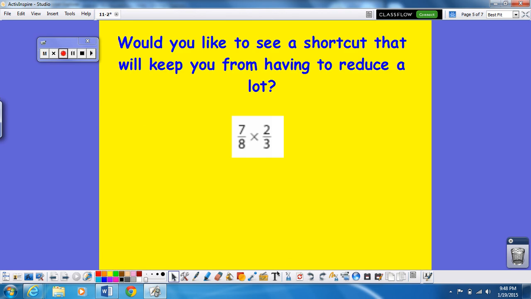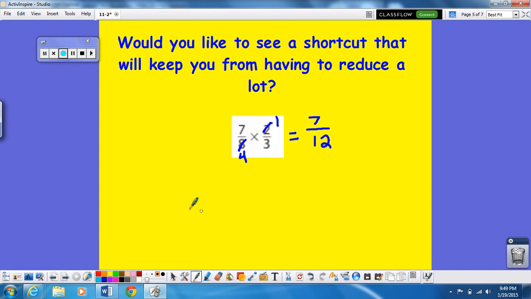Here's the shortcut that I was telling you about. I couldn't wait to tell you until this slide because I think it's really helpful. When I look at 7 and 3, there's nothing they have in common. But when I look at 2 and 8, they have 2 in common. Let's divide them both by 2. 2 divided by 2 is 1, 8 divided by 2 is 4. Now let's work it. 7 times 1 is 7, 4 times 3 is 12.